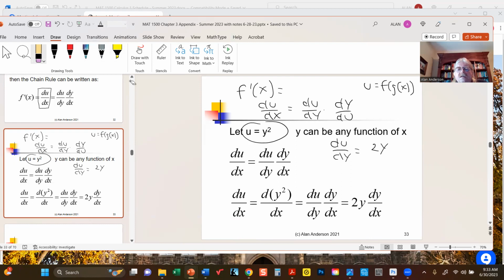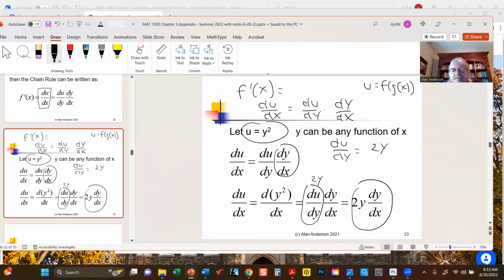What about dy/dx? Oh, I just realized I wrote this wrong. This should have been dy/dx. That works. Okay, good. So in other words, du/dy is 2y. And of course, dy/dx is whatever it is. We don't have a separate expression for that. So du/dx is the same thing as d of y squared over dx. And of course, we just got through showing that du/dy is 2y. And so this is the final result.